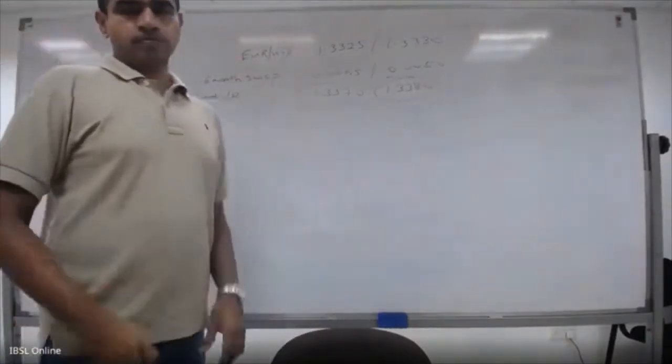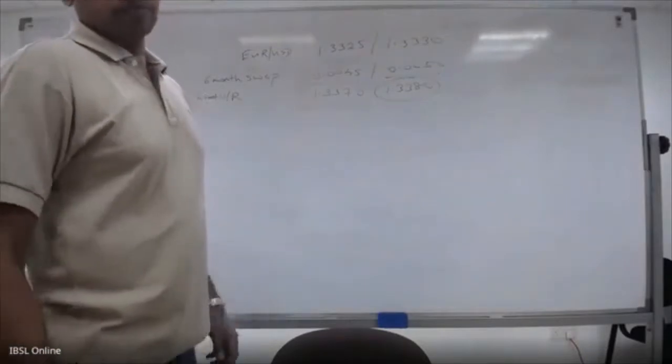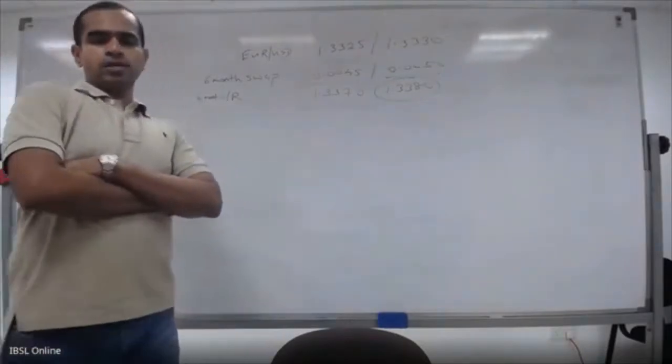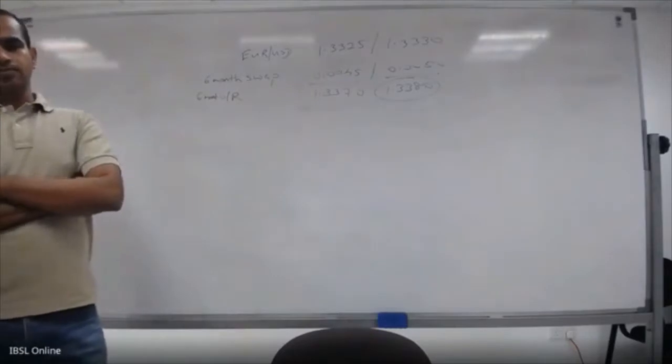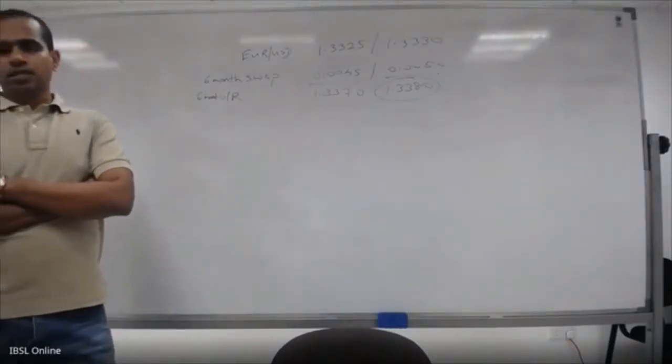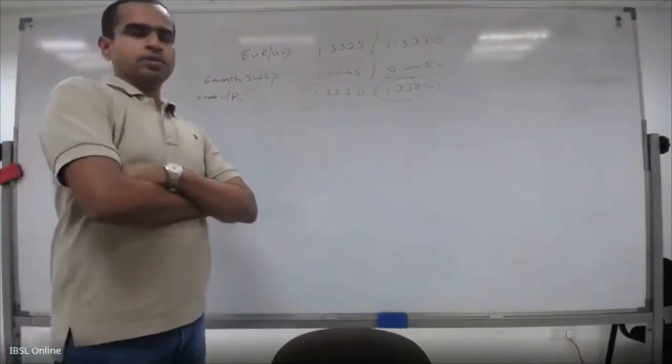Second one, dollar yen 98.25, 30. Swap points 110, 105. There's a bid higher than the offer. Straight away, you should know that swap point is negative.